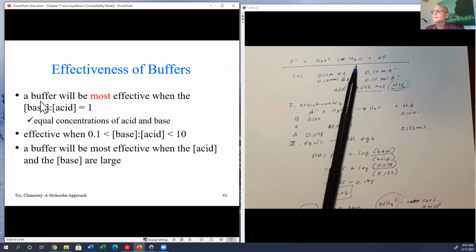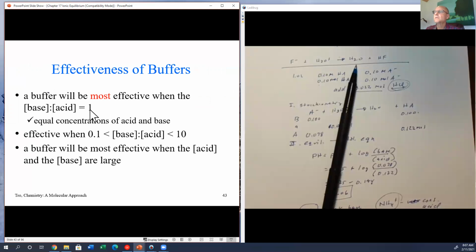So we can summarize this like this. A buffer will be most effective when the ratio of base to acid is 1. In other words, when this ratio is equal. But we're going to say that it's effective as long as that ratio is between 0.1 and 10.